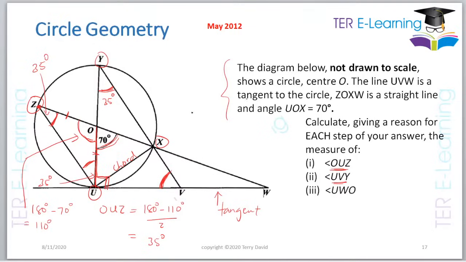So to get this angle here, UVY, that is simply equal to 180 degrees minus 90 plus 35, and you're going to get 55 degrees, right?